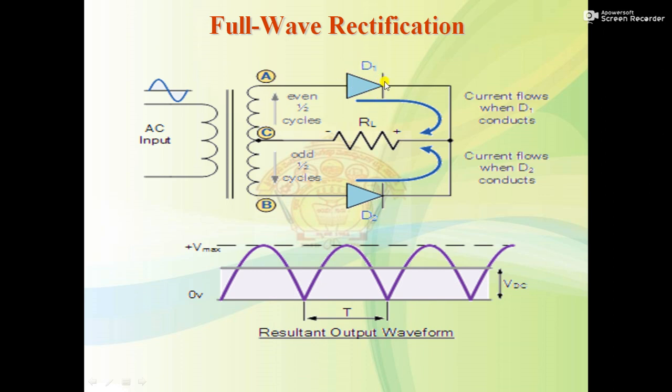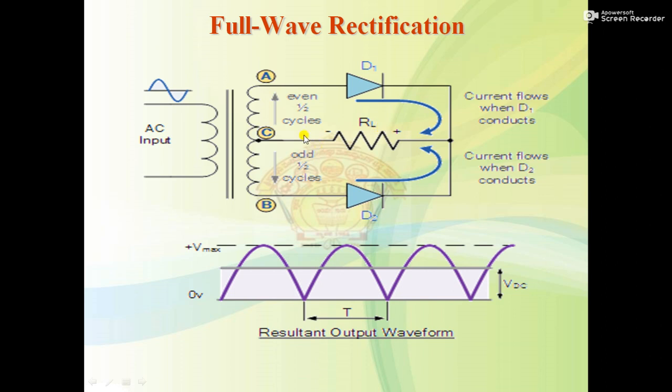Means diode D1 becomes forward and diode D2 becomes reverse. This becomes a closed switch and this becomes an open switch. So only the current flows through diode D1, not D2, and that current also flows through the load resistor.